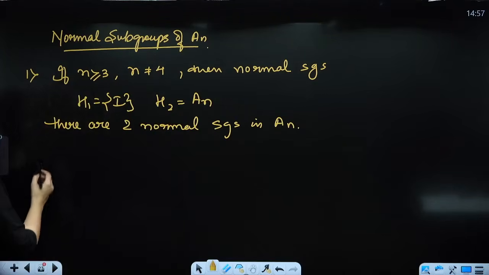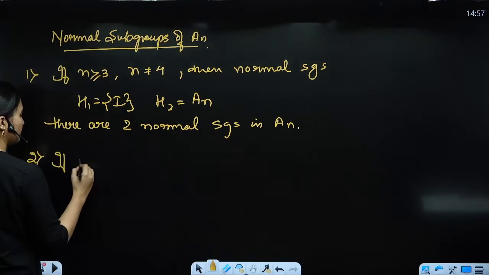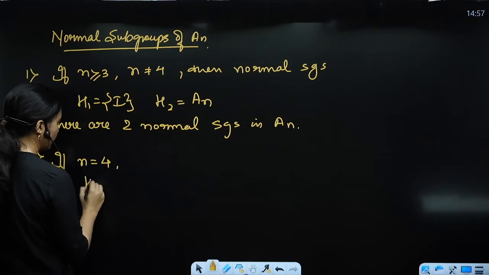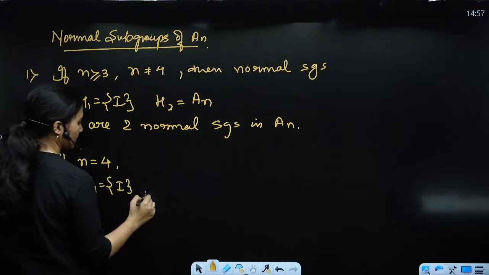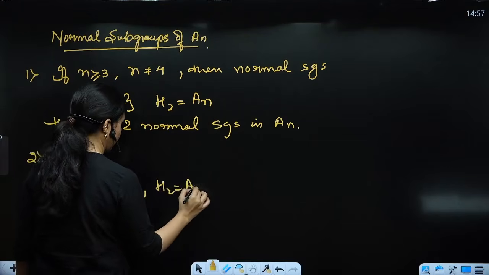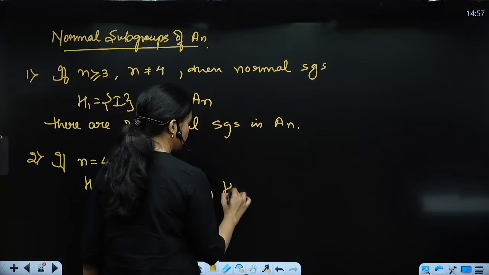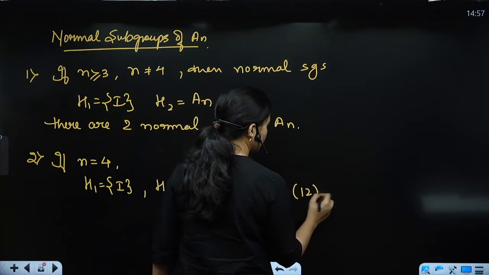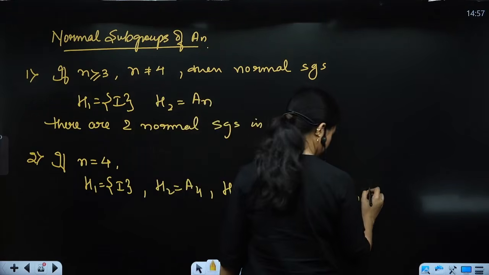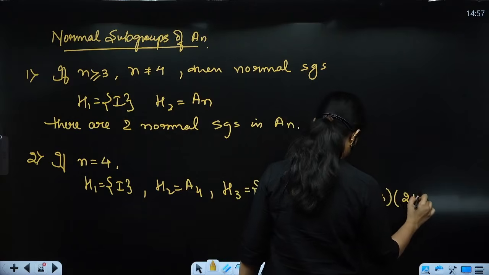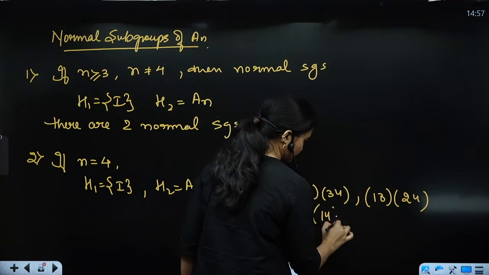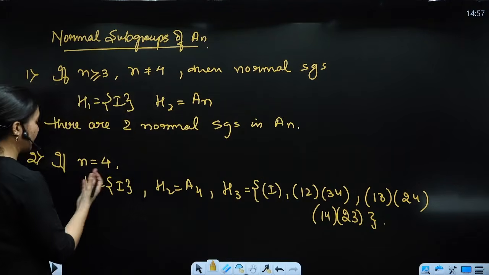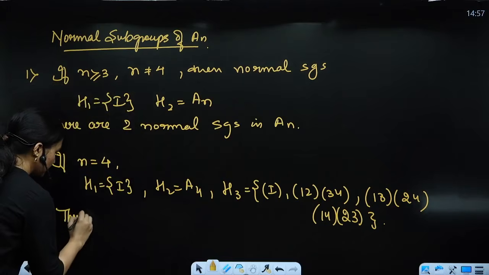And if n equals 4, then you have H1 equals identity, then H2 equals A4, and then H3 equals the subgroup of order 4. Okay. So in this case, when n equals 4, there are 3 normal subgroups, right?